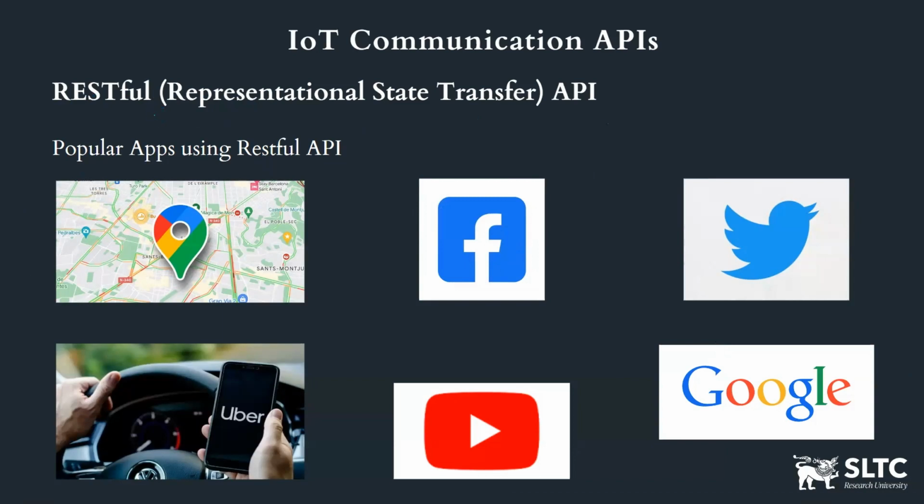These RESTful APIs use multiple apps together to give a very high quality service to the end device. The popular apps which use the RESTful API are Google Maps, Facebook, Uber, YouTube, Twitter, Google, and so on.